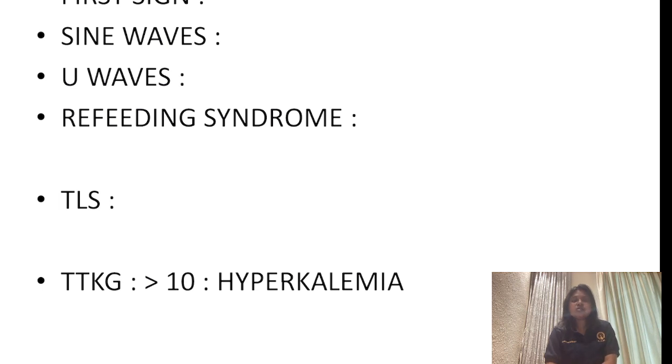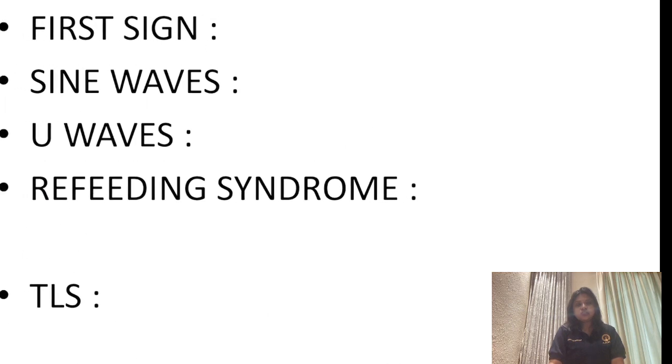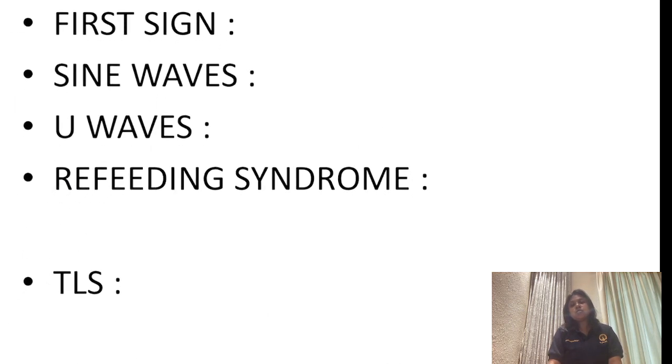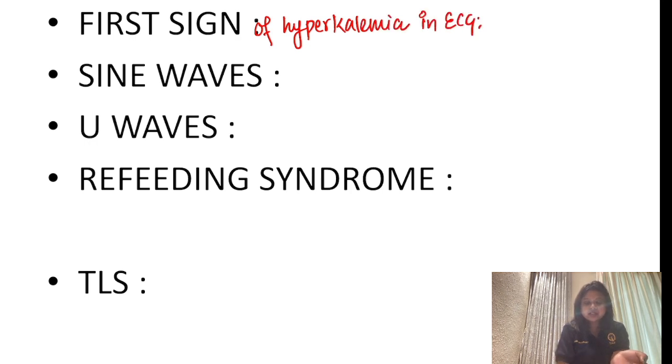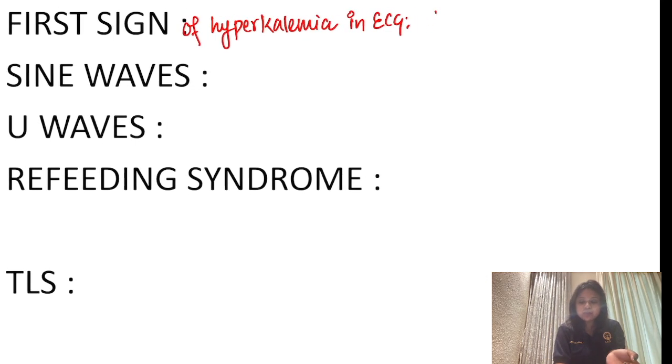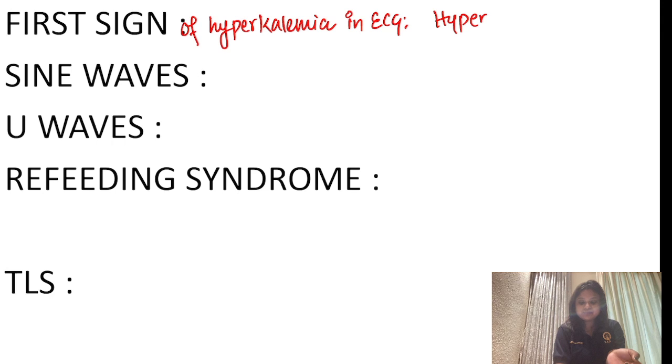Next is a very important electrolyte that we are going to talk about, that is potassium, right? So potassium is one of the very important electrolytes. What is the first sign of hyperkalemia in ECG? The first sign of hyperkalemia in ECG is a tall peaked T wave, which is known as hyperacute T wave.